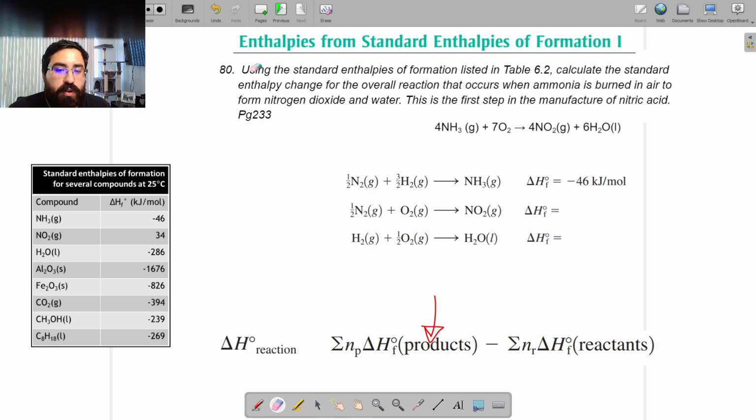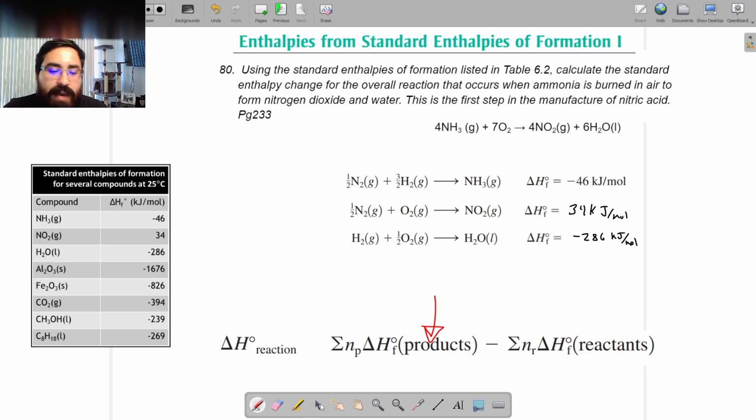Now the values for the NO2 are over here on this table. Well, that's 34 kilojoules per mole. And then that H2O, that's negative 286 kilojoules per mole.